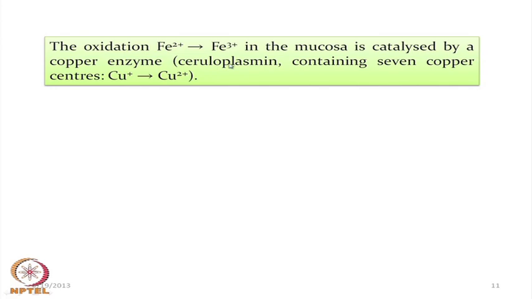So, copper enzymes such as ceruloplasmin, which is a cluster type of arrangement, not a mononuclear system, it has 7 copper centers present, and such a cluster type of arrangement can give rise to a transfer of electrons if each and every center can give rise to 1 electron. So, altogether it can give rise to 7 electrons from the 7 copper centers present in this ceruloplasmin molecule to convert the corresponding iron of that same number to the ferric form.